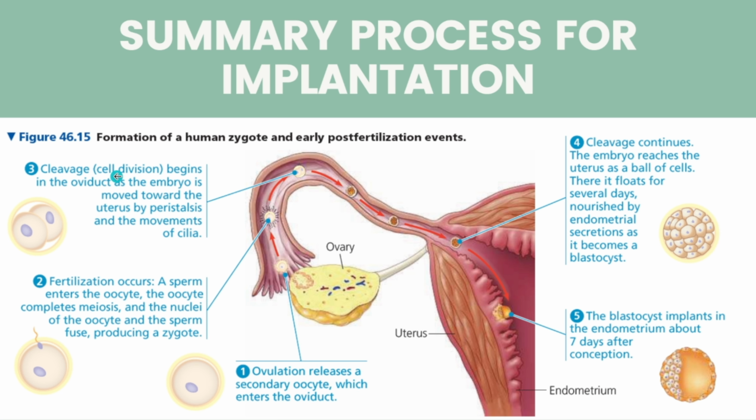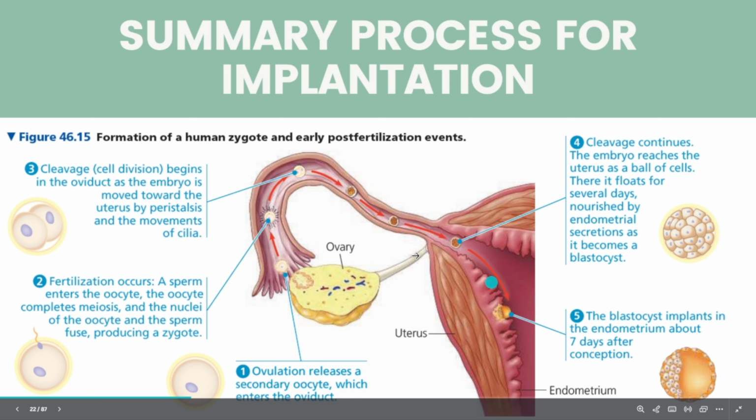Then it will undergo a series of cell divisions, which we call cleavage, finally to form the blastocyst. This blastocyst finally enters the uterus area, and then it will undergo implantation. So this is an overall process.